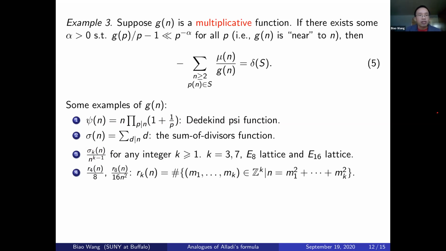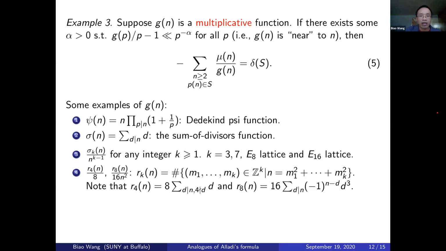And the last example is we can also take the r4 and r8. Here r_k of n is the number of ways of representing n as a sum of k squares. For r4 and r8, we have the following explicit formula.